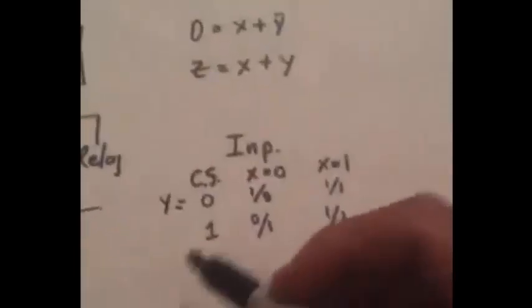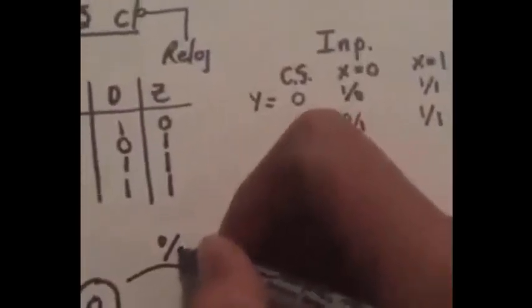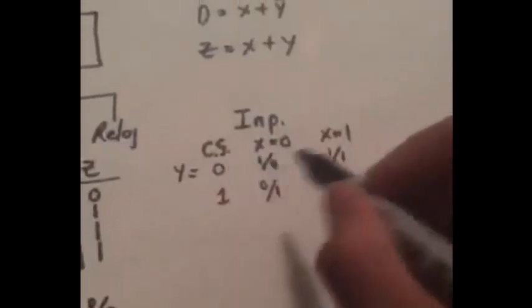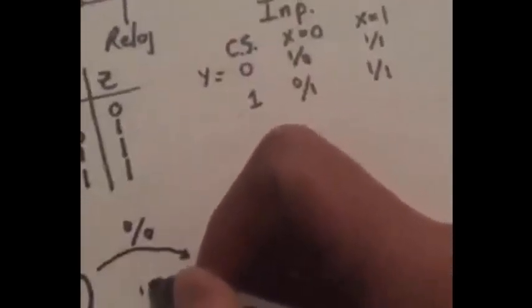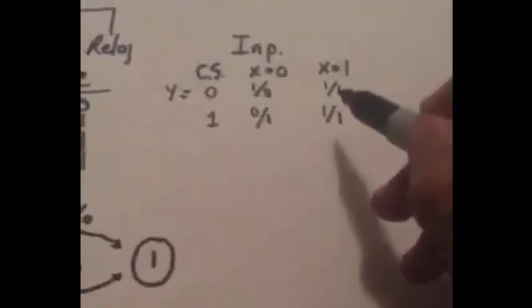We route the arrow, and then we see that the states have the x with 0, and the output is 0 again. And when the x is 1, we also have an output of 1 when the state is going to be 1.